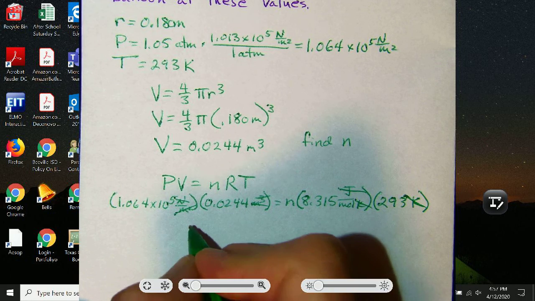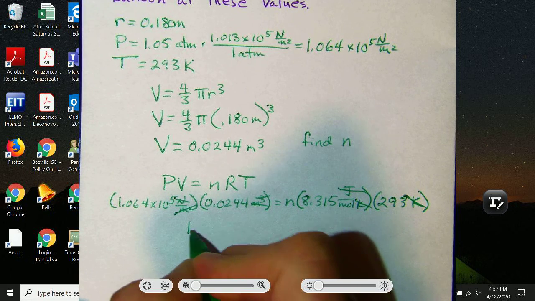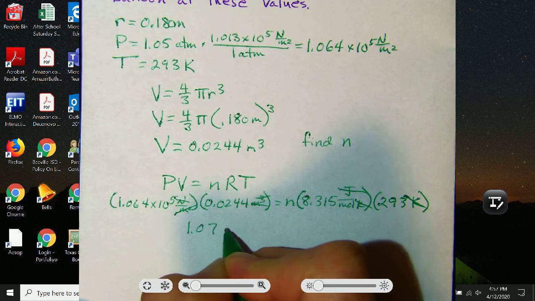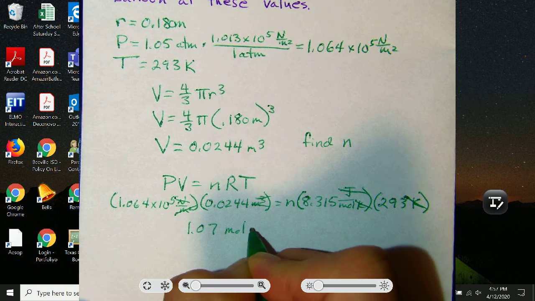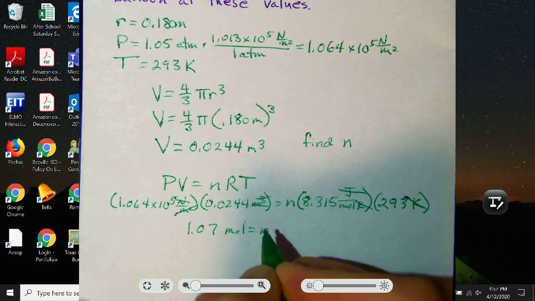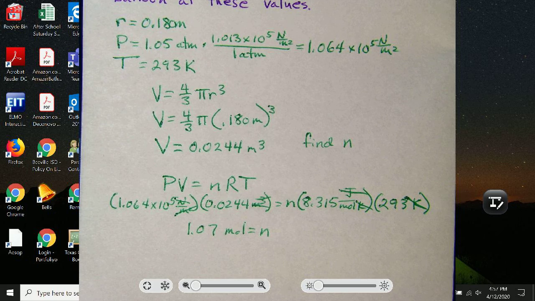All right, so when you solve for n, what you get is 1.07 moles equals n.